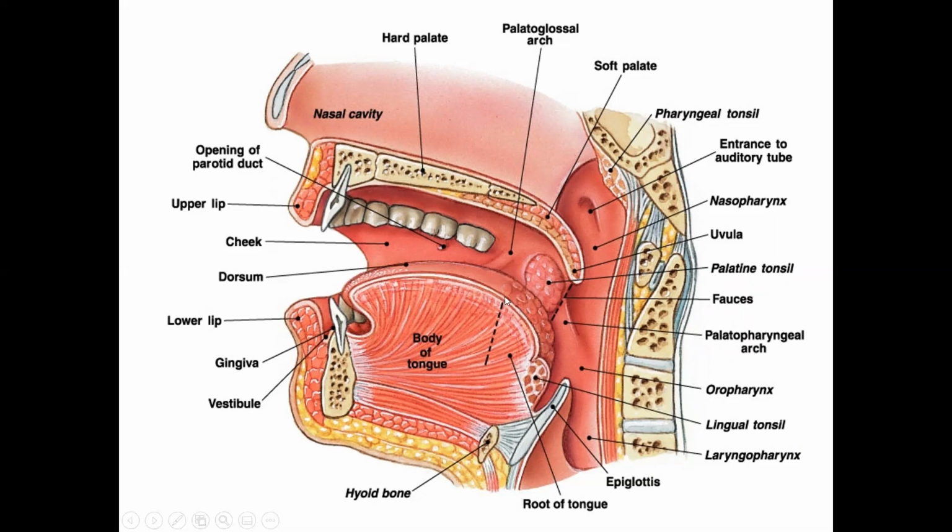Here we have the sulcus terminalis. Behind the sulcus terminalis, we have the roughened part of the tongue, the posterior 1/3. Here we also have the nodular structures, which are the lingual tonsils on the posterior 1/3 of the tongue.